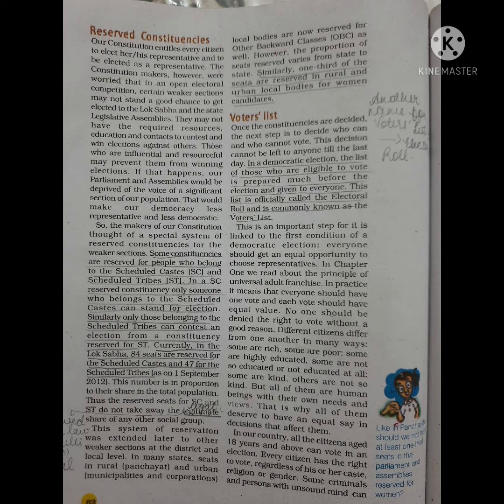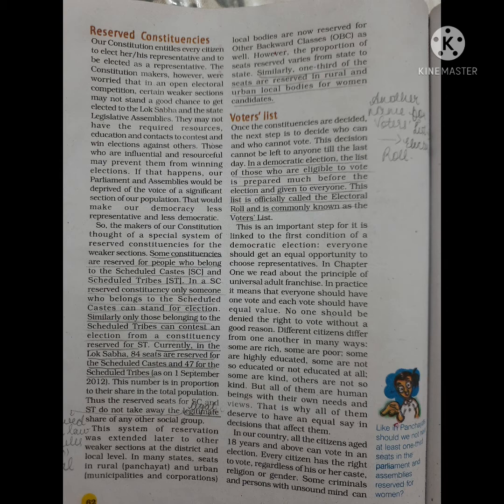And now the third step we will see is the preparation of the voters list. Once the constituencies are decided, the voters list is prepared. This list is officially called the electoral roll, and in our country, all citizens aged 18 years and above can vote in an election.